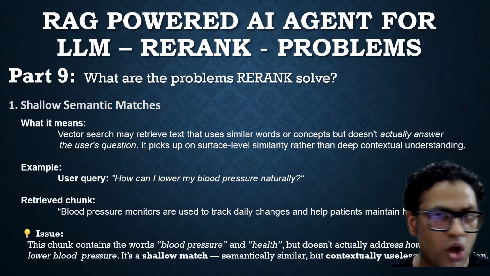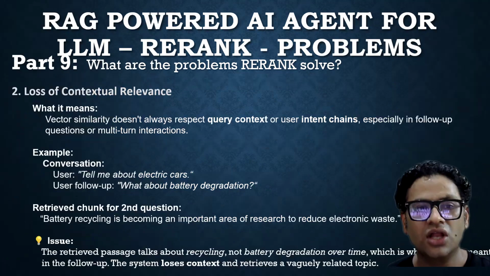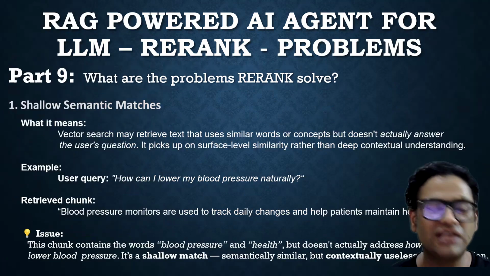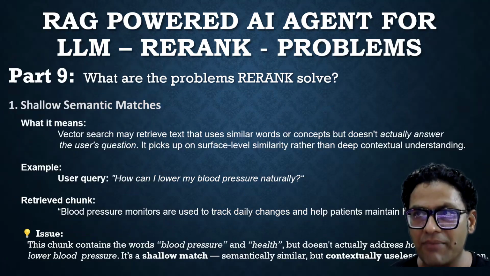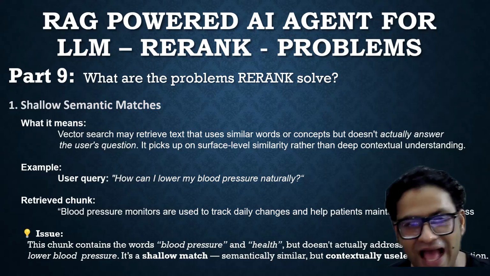So what kind of problem? Majorly we have three problems: shallow semantic matches, loss of contextual relevance, and missing user intent. These are the three problems we have whenever we use a vector similarity score to get the context and feed it into the LLM.